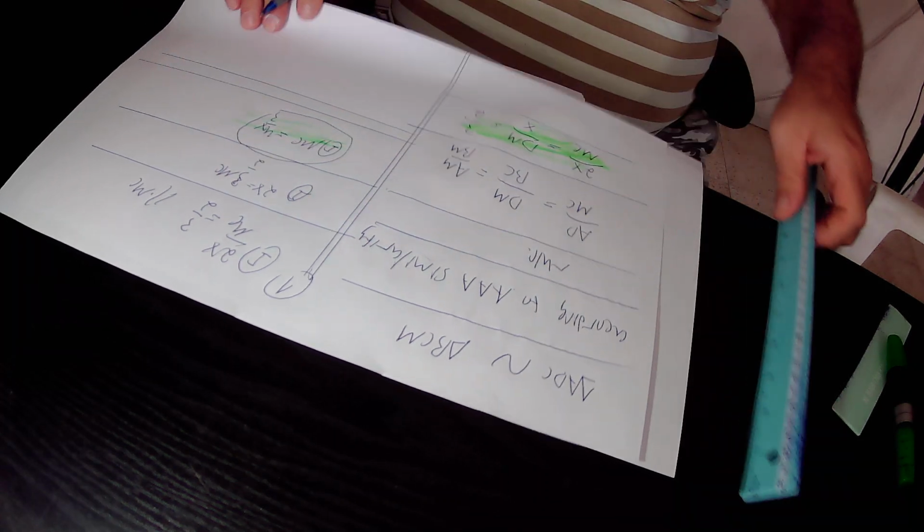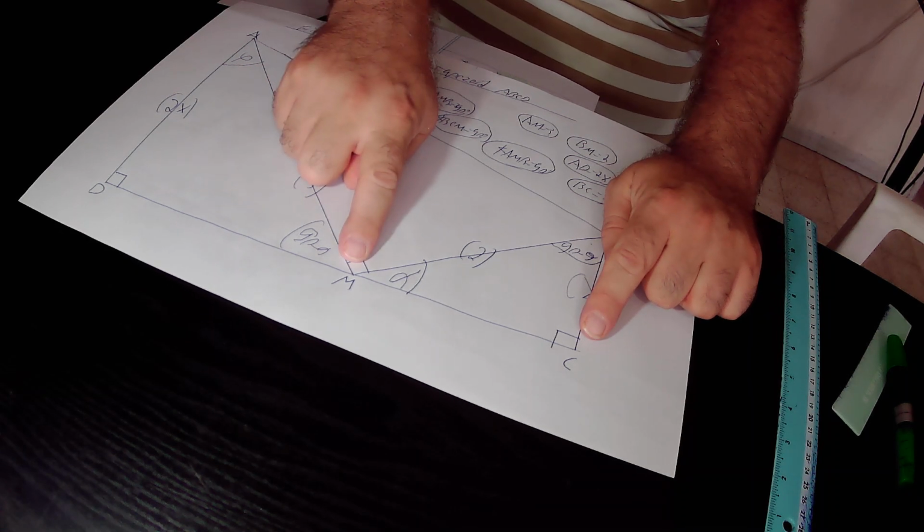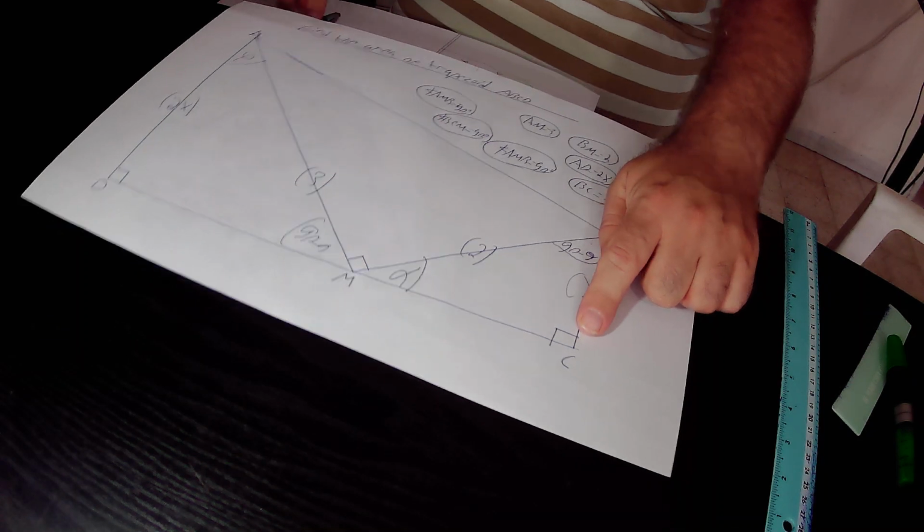So we have found out that side MC equals 4x over 3 units in its length.